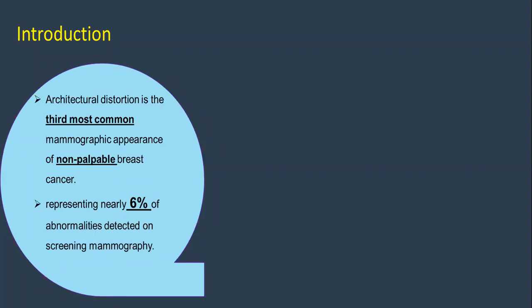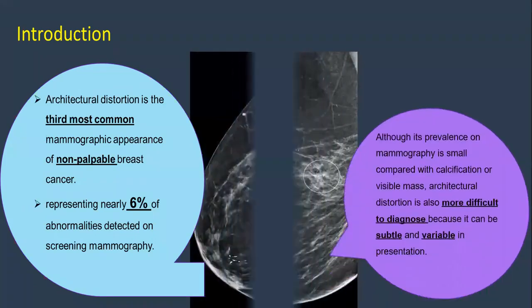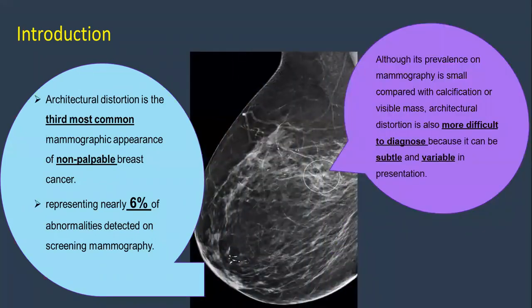It represents 6% of abnormalities detected on screening mammography. Although its prevalence is small compared to calcifications and masses, the architectural distortion is more difficult to diagnose because sometimes it's very subtle and variable in presentation, as in this case.